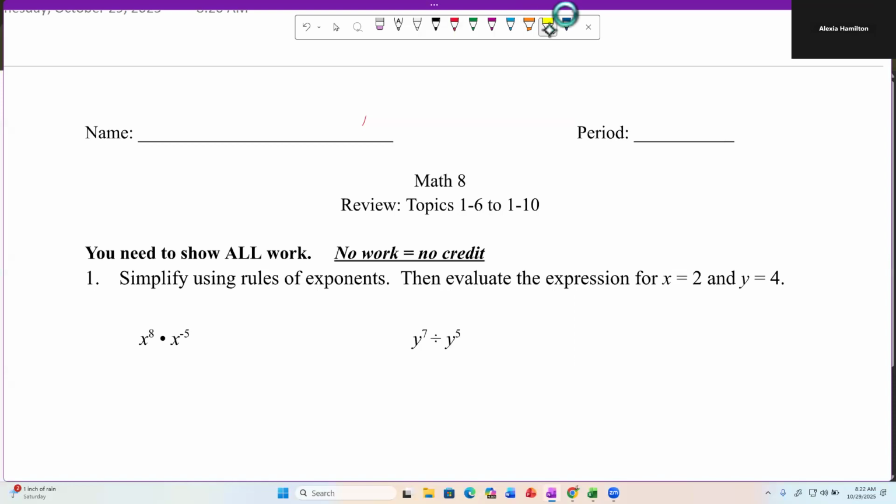All that means is that wherever I see an x in my equation, I'm going to replace it with a 2. So that's my first step. Step 1, replace. So I'm going to put the 2 in place of the x's here. So I have a 2 to the 8, and I'm multiplying it by a 2 to the negative 5. And then the word evaluate is really just saying solve. What does it equal?